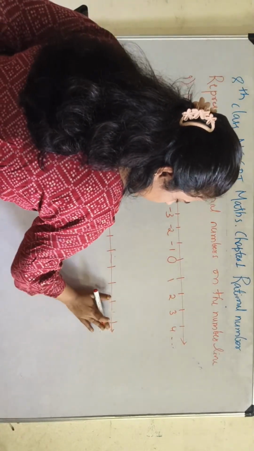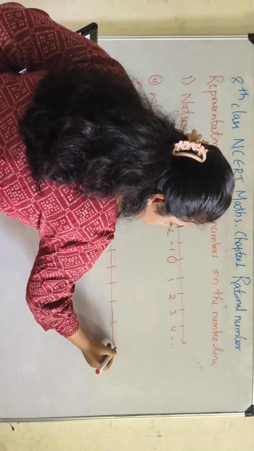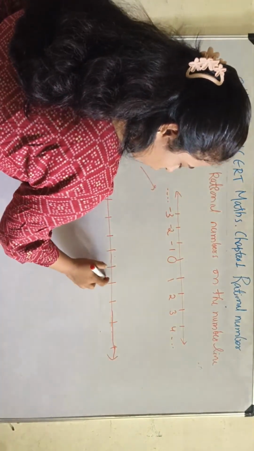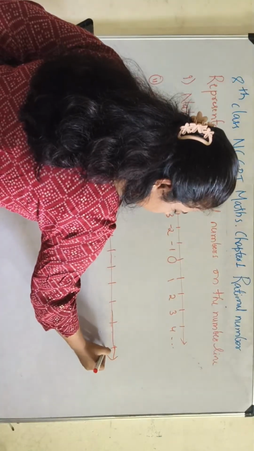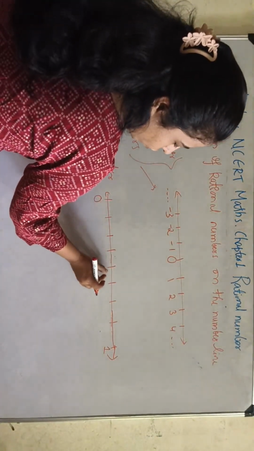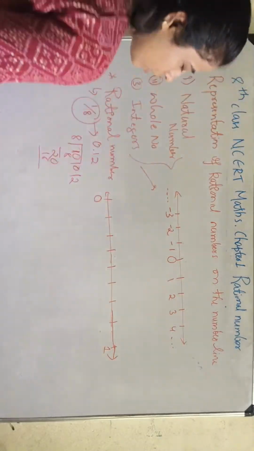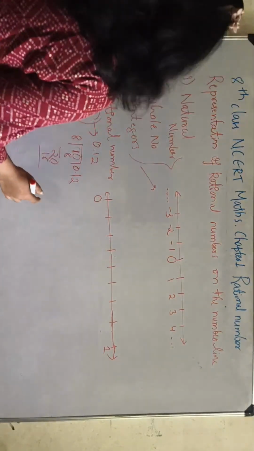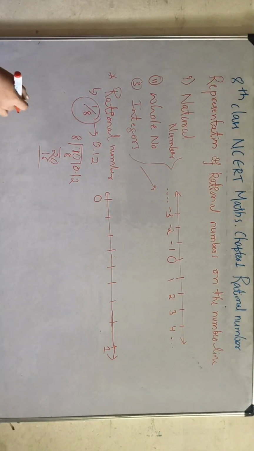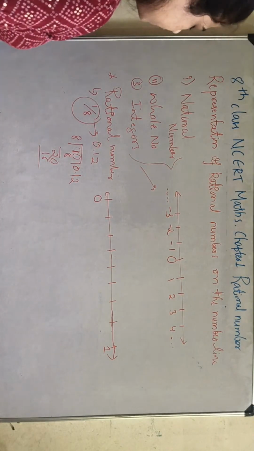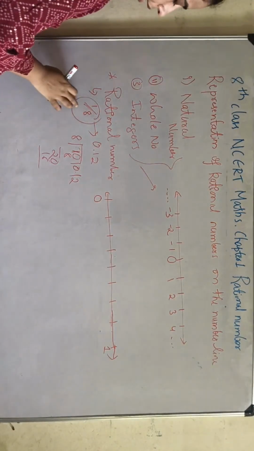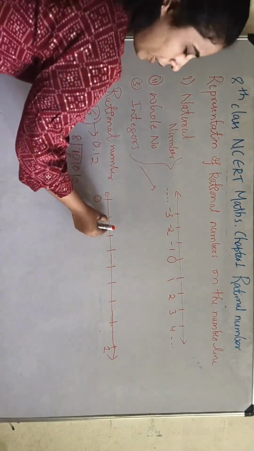Okay. 1, 2, 3, 4, 5, 6, 7, 8. Here it is 1. Okay. 1, 2, 3, 4, 5, 6, 7, 8. So we did the 8 parts. How? You have to take 8 equal parts here.